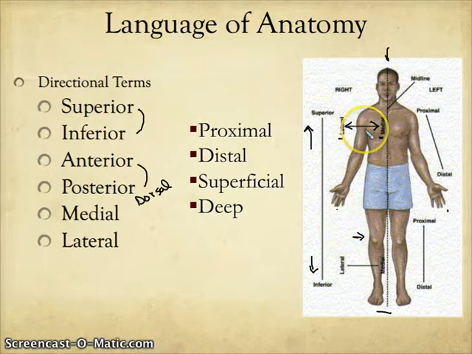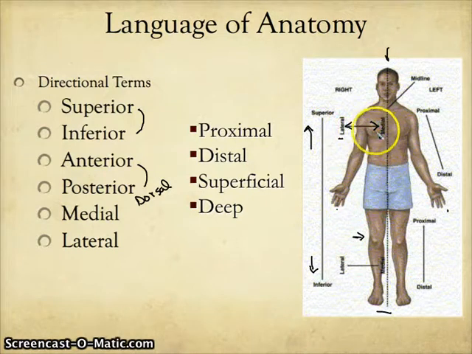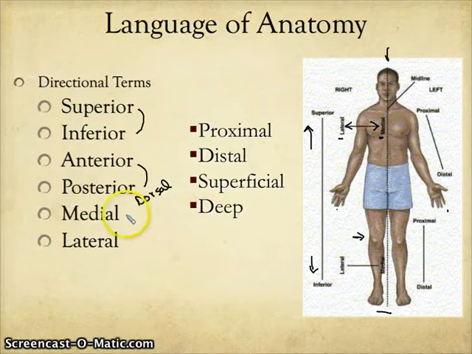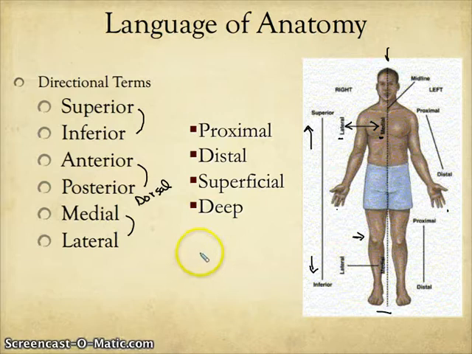So the axillary region is lateral, okay, to the pectoral region, okay, the muscles. Now, the pectoral region, though, would be medial to the axillary region. You kind of get the idea. So again, the thing you want to pick up on when we talk about these terms is they are relative terms.